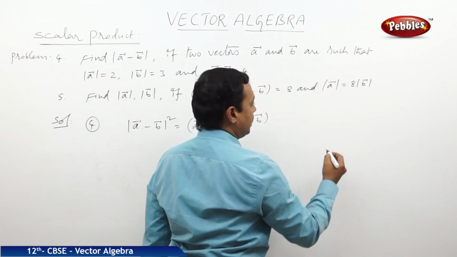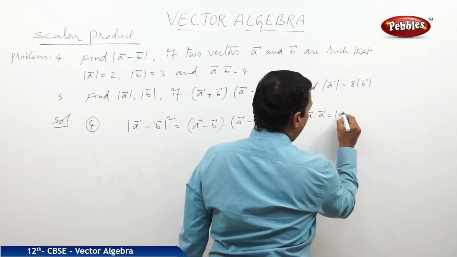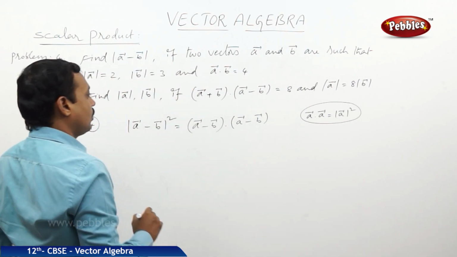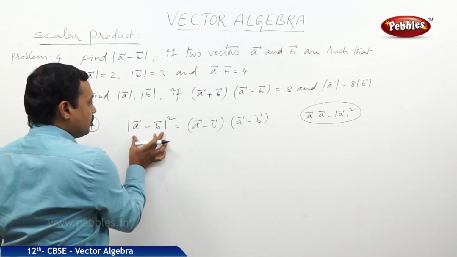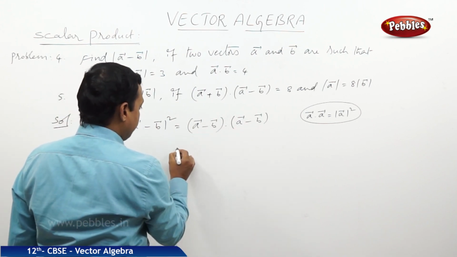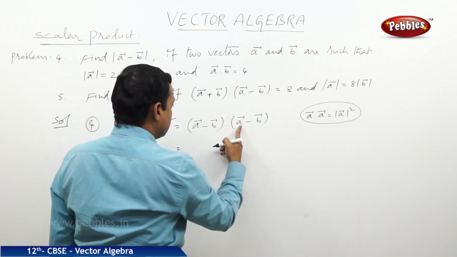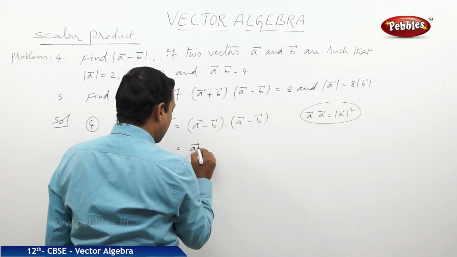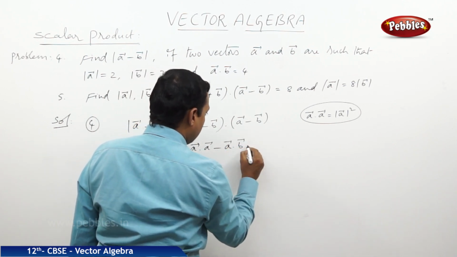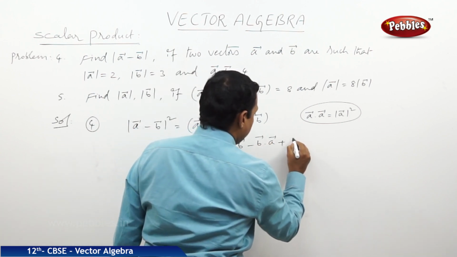So earlier we studied that a dot a is equal to mod a square. So according to that, modulus of a minus b whole square can be taken as a minus b dot a minus b. Now by the distributive property, it can be written as a bar dot a bar minus a bar dot b bar minus b bar dot a bar minus of minus plus b bar dot b bar.